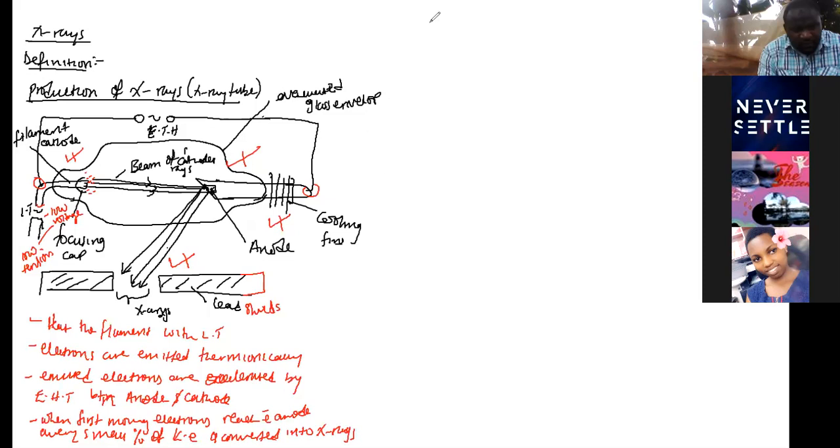And the biggest percentage is converted into heat. The biggest percentage of KE is converted into what?